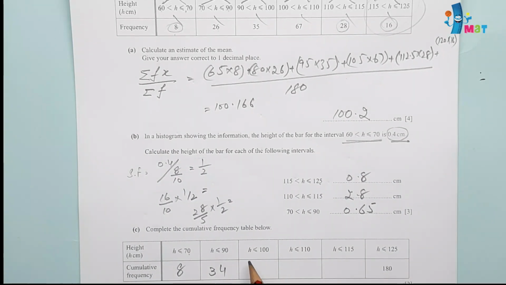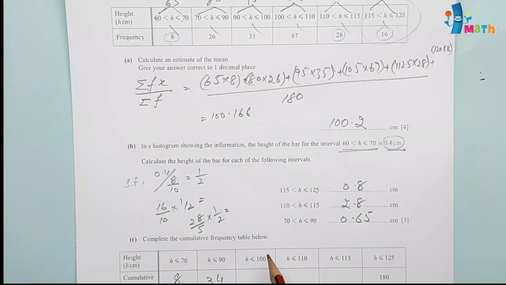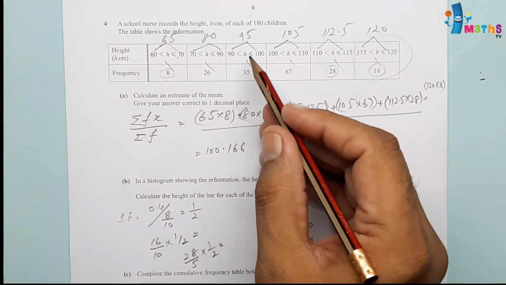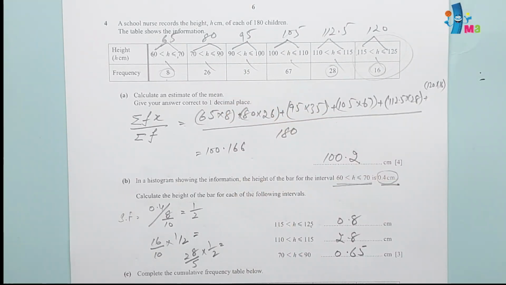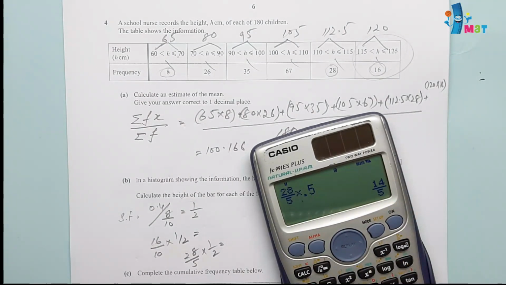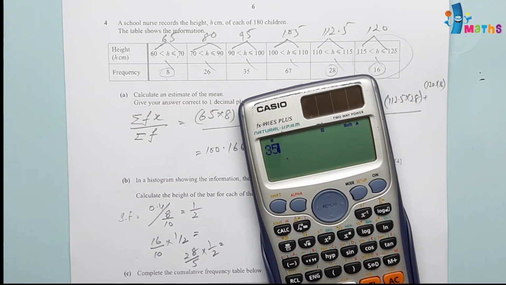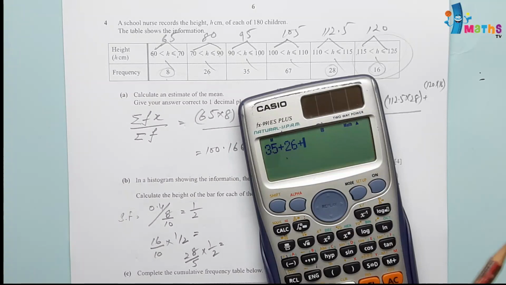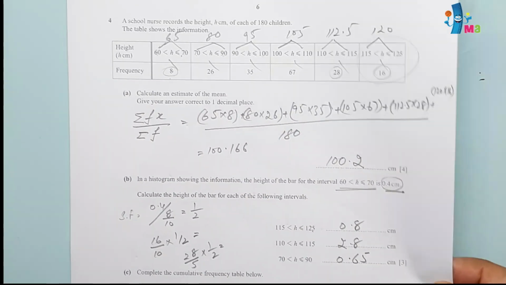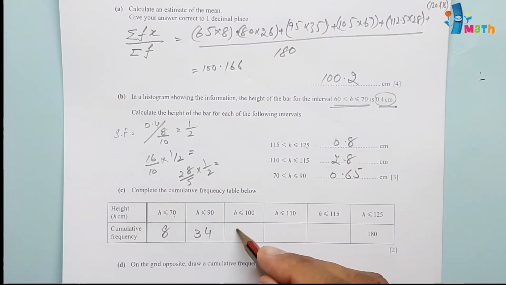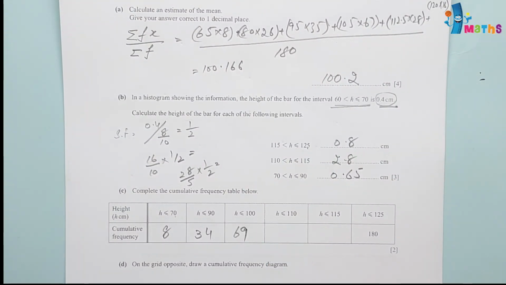Similarly, below 100 will be this one. So 35 plus 26 plus 8. So we can add 35 plus 26 plus 8. This will be equal to 69. So we can fill in 69 here.